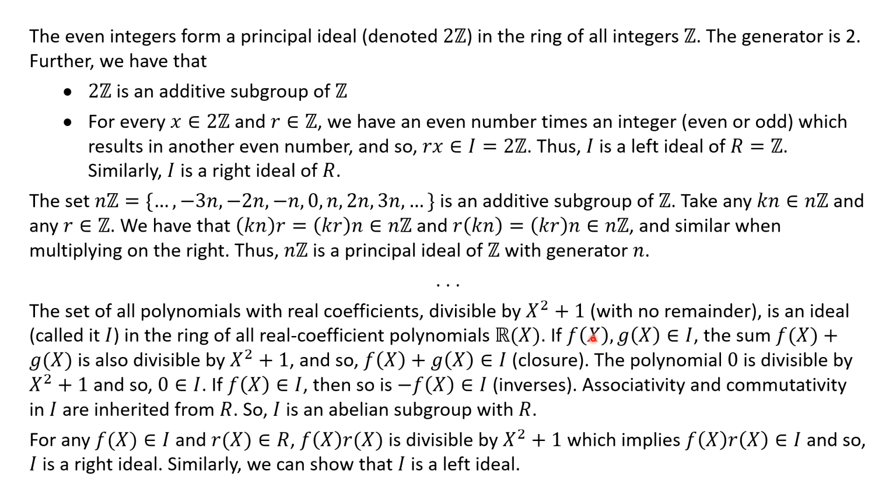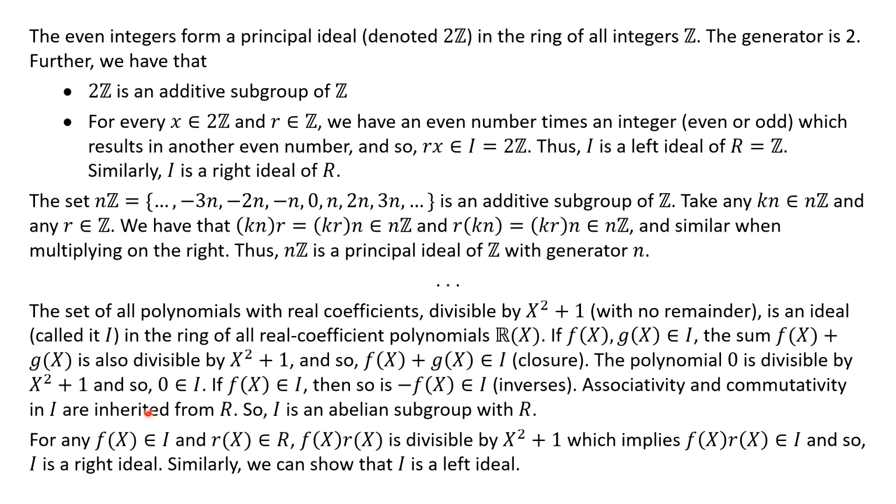If we take two functions, f and g, in our proposed ideal, then if each one is divisible by x squared plus 1, the sum would be as well. So we have closure. The 0 polynomial is divisible by x squared plus 1, so we have the 0 element in our ideal. And if f(x) is an element of our ideal, minus f(x) is also, because that would still be divisible by x squared plus 1.